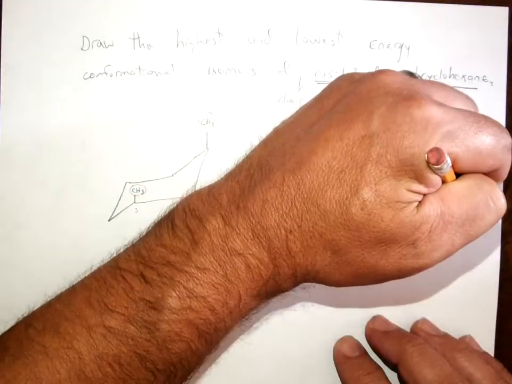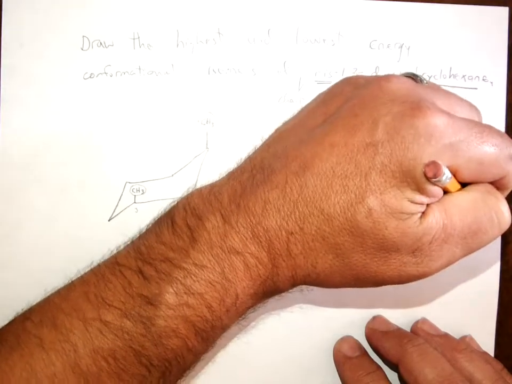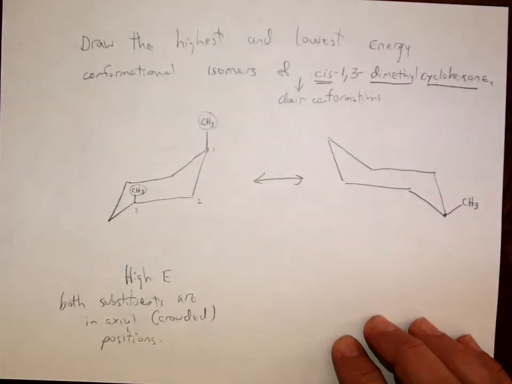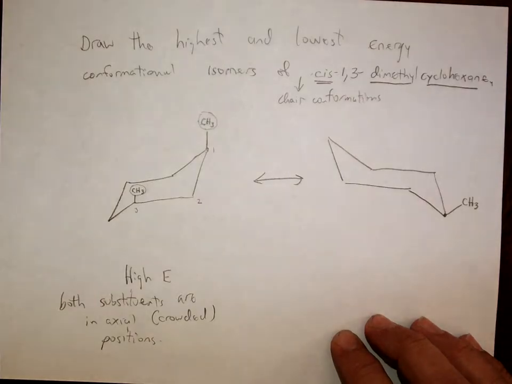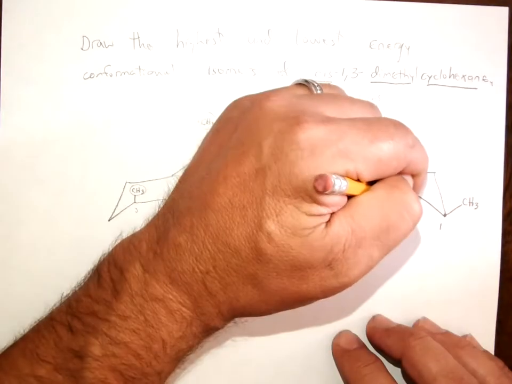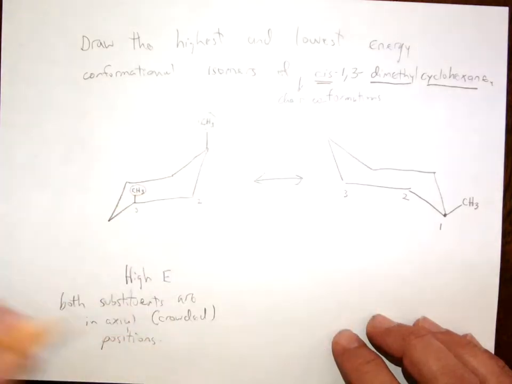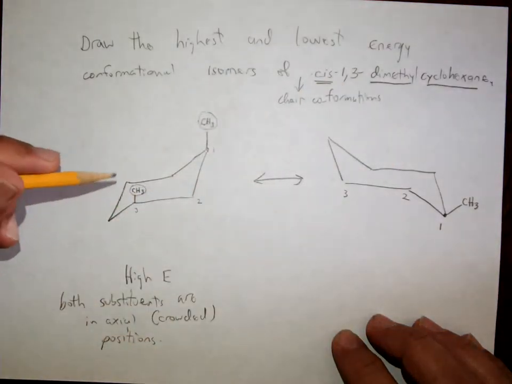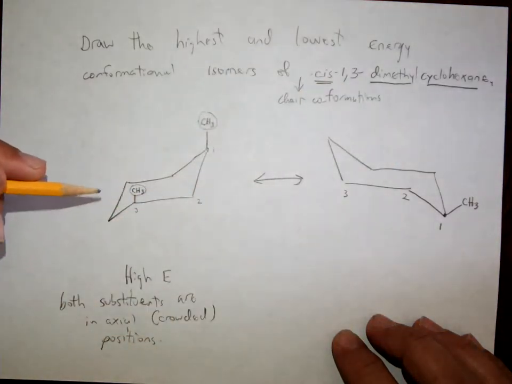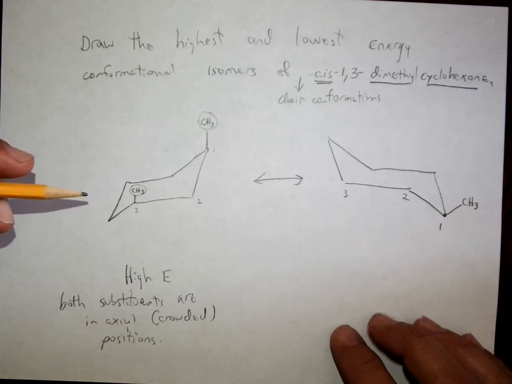And the methyl group is still going to be above the plane of the ring, but now it's going to be in an equatorial position. So as you change from one conformer to the other, axial positions turn equatorial, and equatorial positions turn axial.